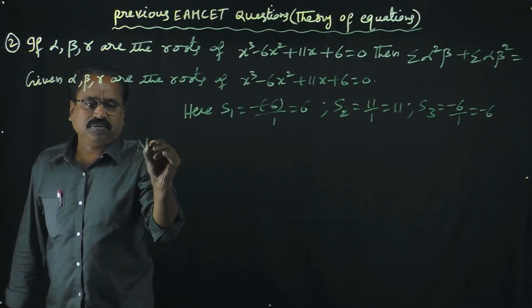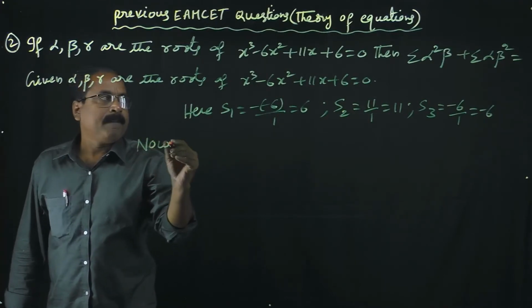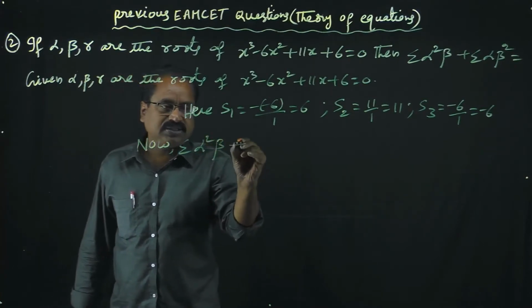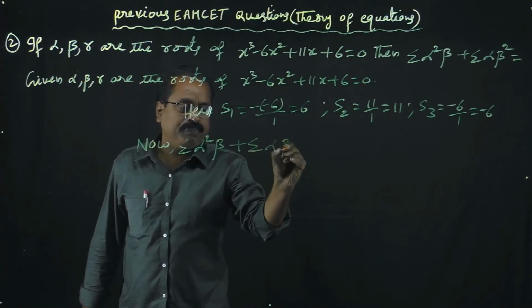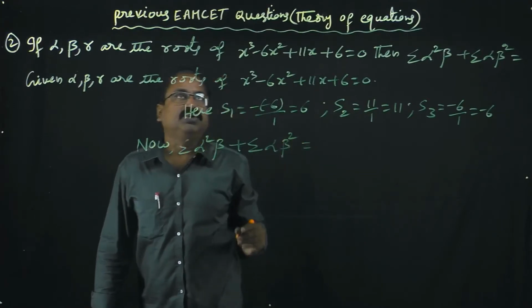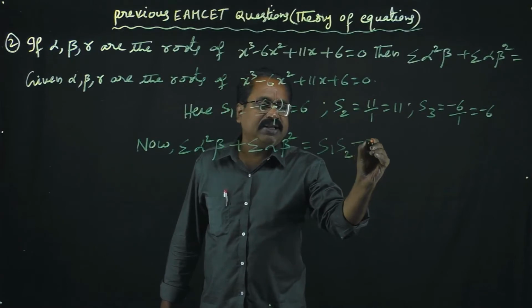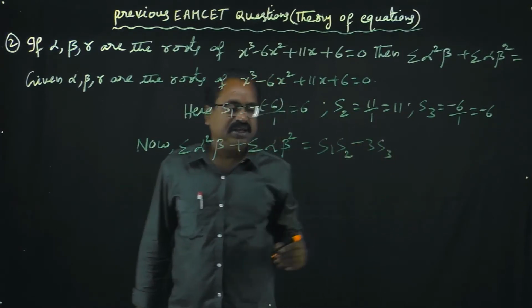Now sigma alpha square beta plus sigma alpha beta square is equal to S1 S2 minus 3 S3.